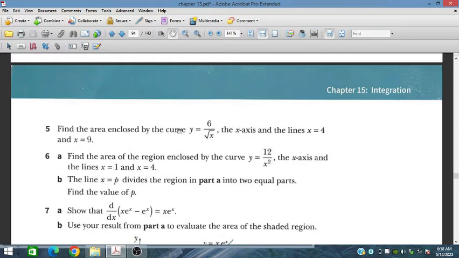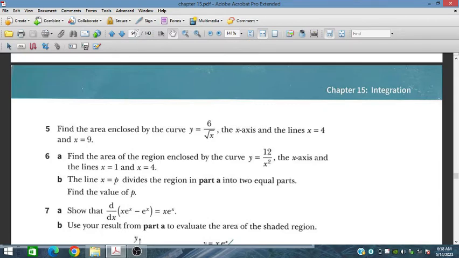Find the area enclosed by the curve this, the x-axis, and the lines x is equal to 4 and x is equal to 9. So we have to start limits from x is equal to 4 to x is equal to 9 for this function. We have to draw this curve, and after drawing this curve we will take limits from 4 to 9. So let's start.